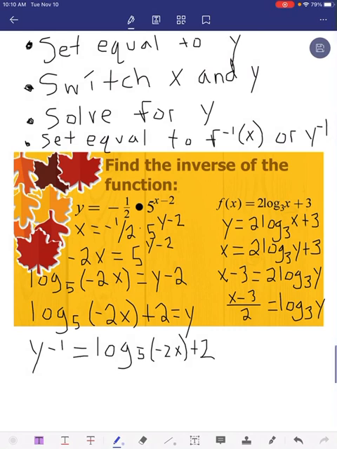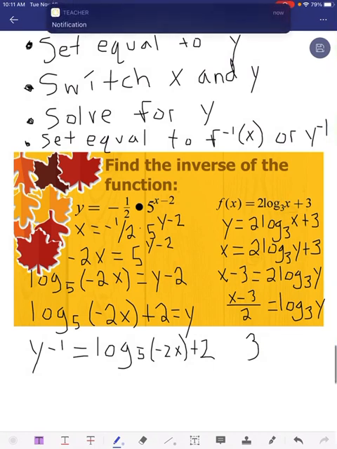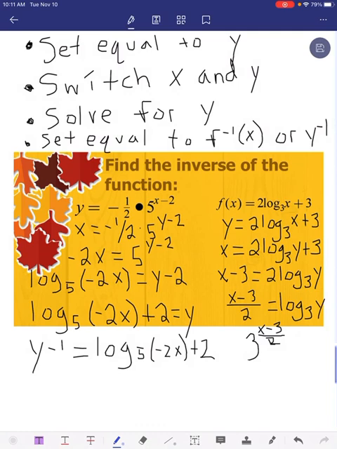And now that our logarithm is by itself, we can rewrite in exponential form. So remember that logarithms equal an exponent. So the base of my logarithm, which is 3, is going to be the base of my exponent. Logarithms equal exponents, so I know that my exponent is going to be x minus 3 divided by 2.